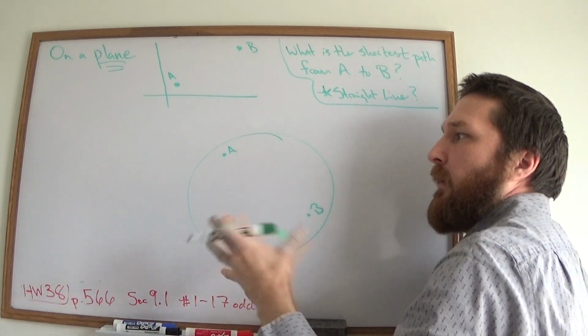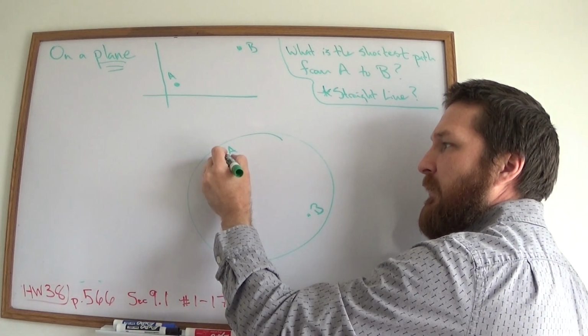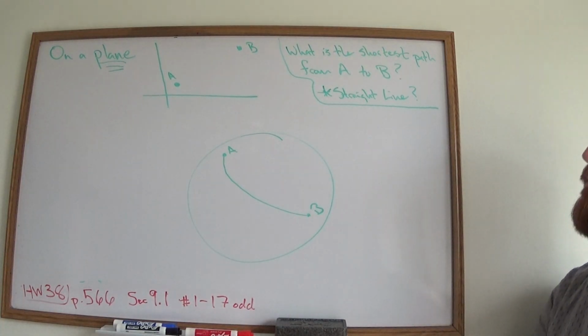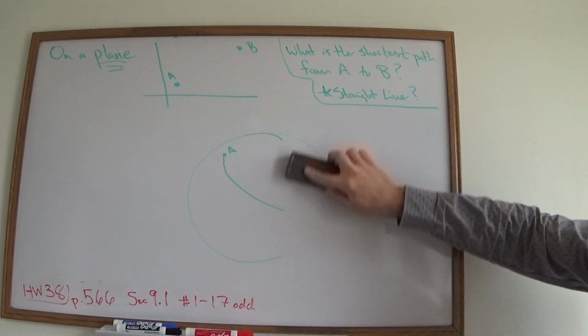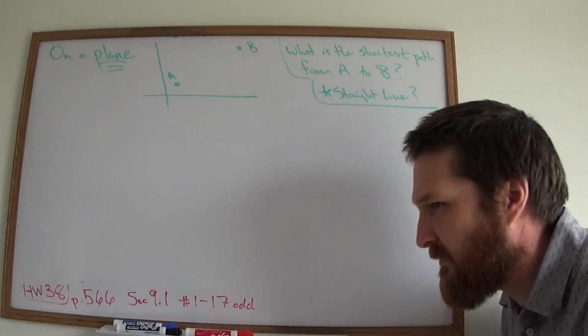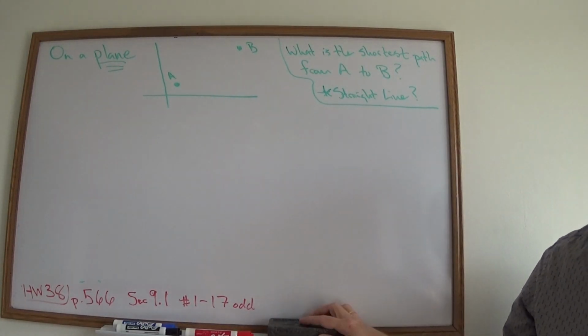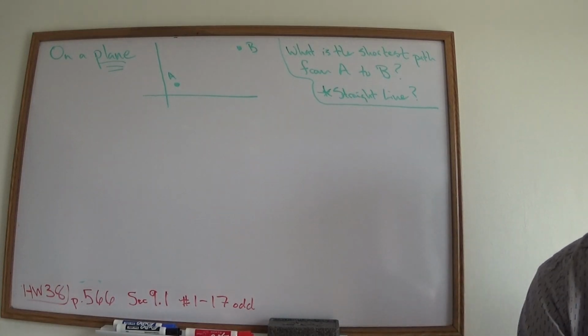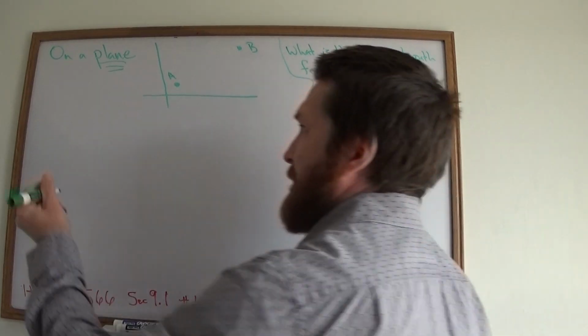If you're on a globe, it would be a curve, an arc, right? But we're on a plane, so how could it be anything other than a straight line? Well, I would like to prove this from first principles. Everybody with me? We're going to make 3 assumptions here.